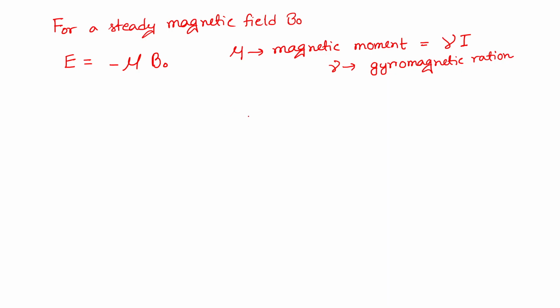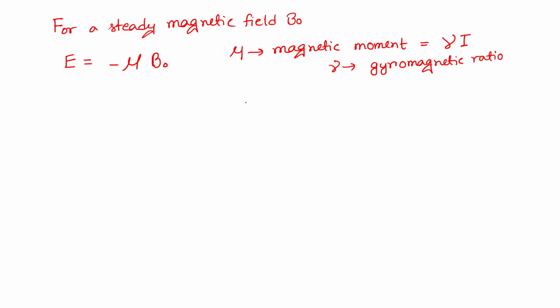Now this gamma, the gyromagnetic ratio, there is another term known as Gn, the G factor for each nucleus. For various numerical problems you may require to know that formula, so I am writing it here.